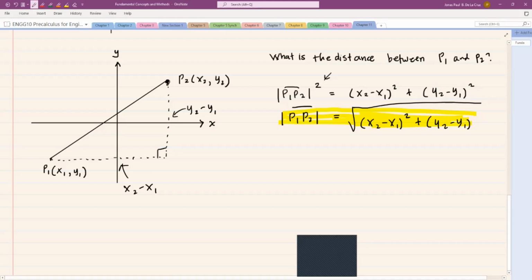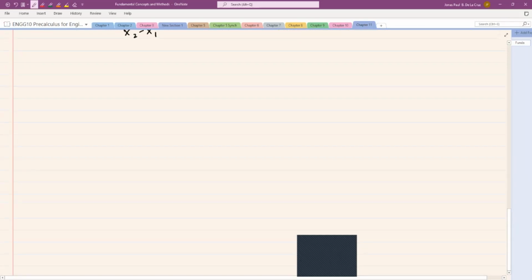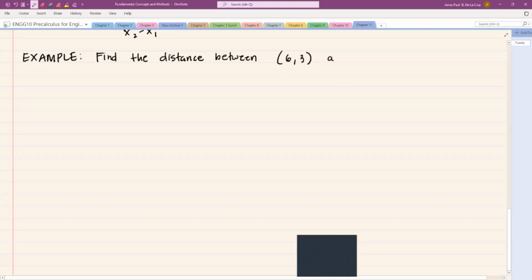Okay, for example, example natin, okay? So find the distance between -3, 1, and 9, 6.